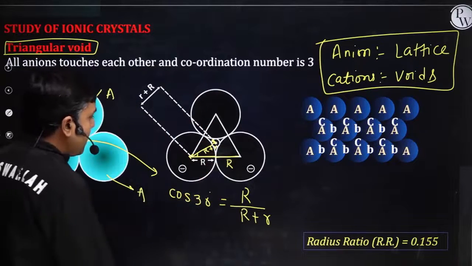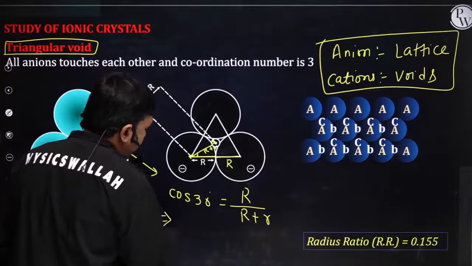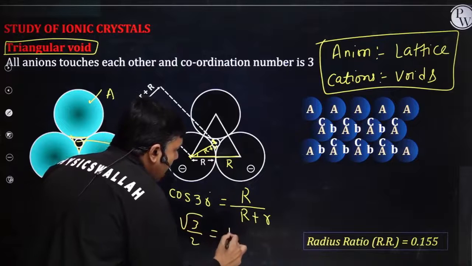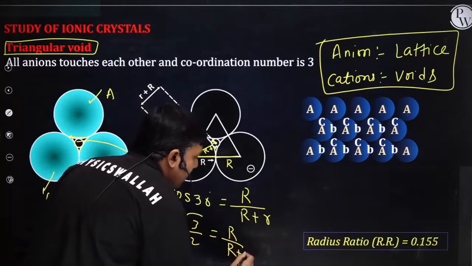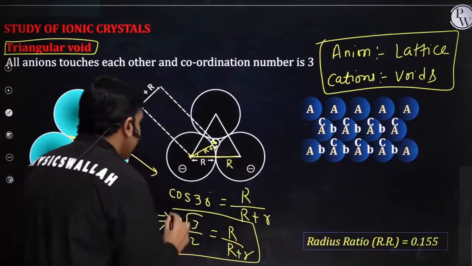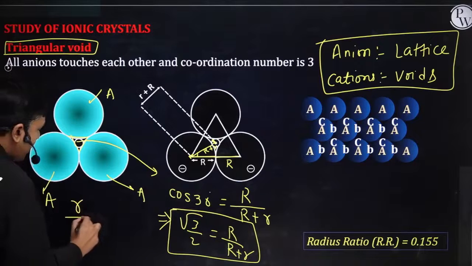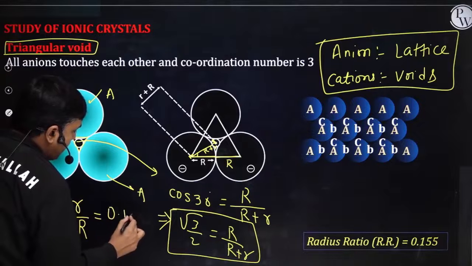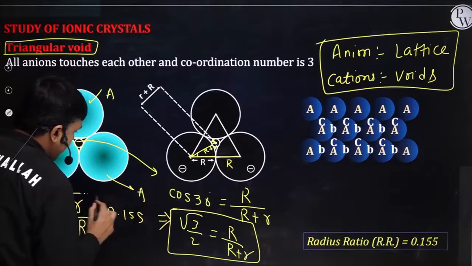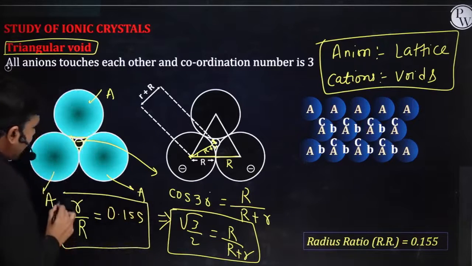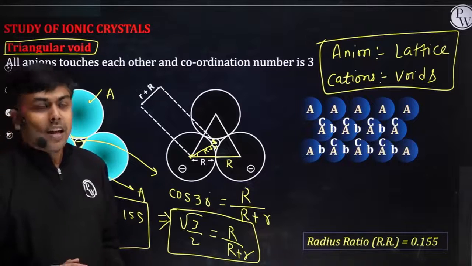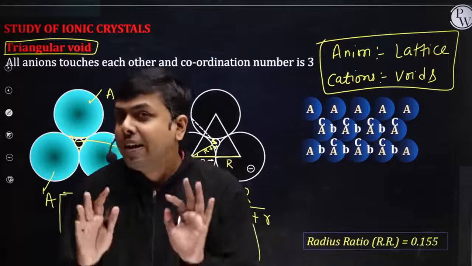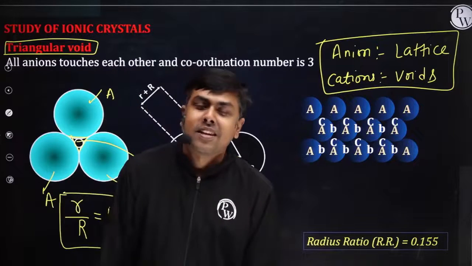Now student, this cos 30 value is root 3 by 2, equal to R upon R plus r. If I solve it, the radius ratio r upon R which we get is 0.155, right? So if the radius of the cation is 0.155 times the radius of the anion, it will touch all three spheres.